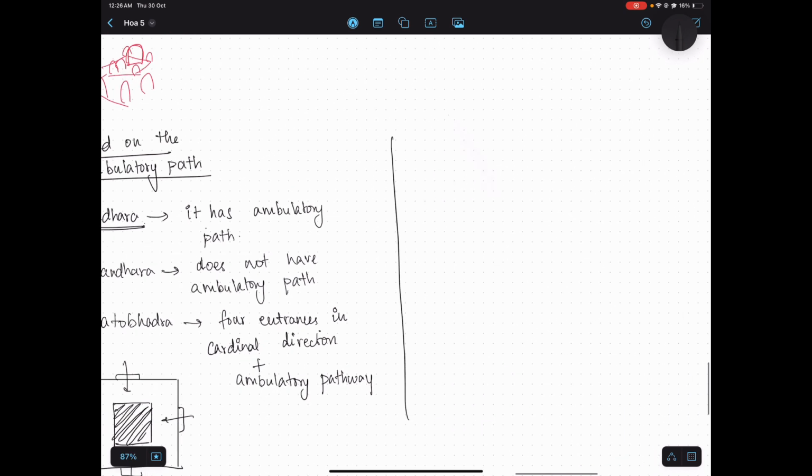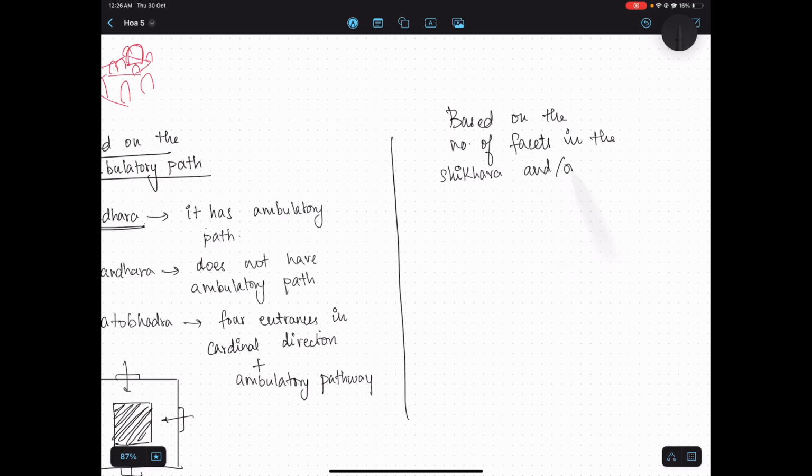Another is based on the number of facets in the shikara, and or the walls of Garbhagriha. So sometimes it's there, sometimes it is not.